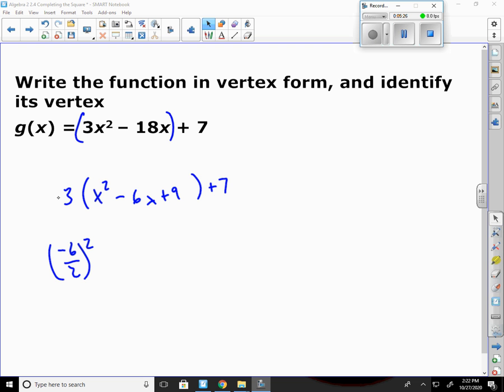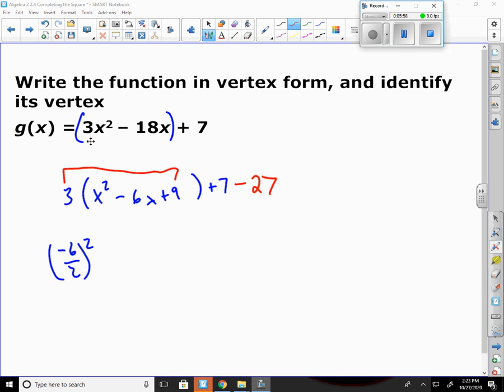But don't forget, you have this 3 out in front that's getting multiplied by everything inside of here. So if I do 3 times 9, that would be 27 that I really added in because of the 3 out in front. I need to subtract 27 because 3 times 9 is what's really happening inside here.